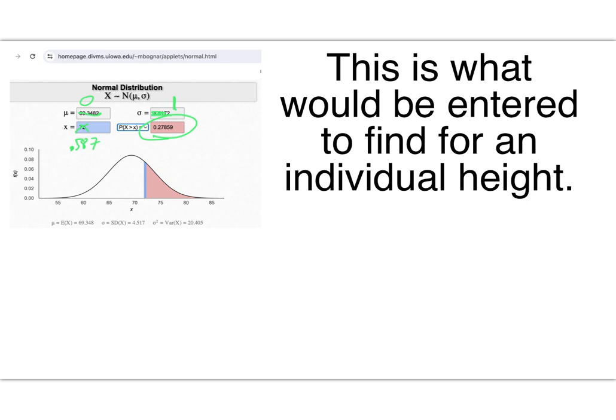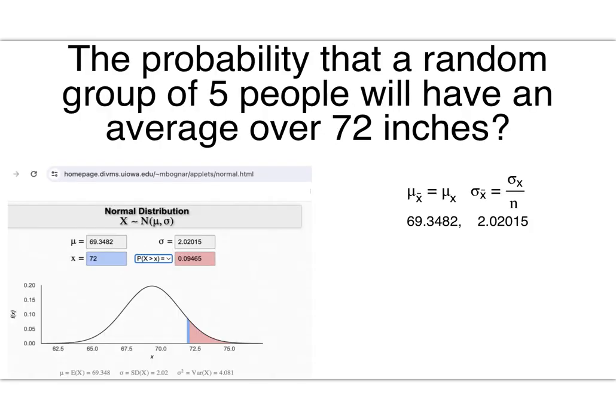So the second half of this, the question was, what if it's a randomly selected group of 5? So here, what's the probability that a random group of 5 people will have an average over 72 inches? All right, let's remember, now we're talking about a sampling distribution. And since the parent population I said was normal, that means my sampling distribution is normal.